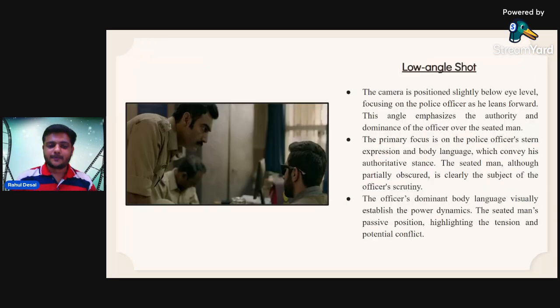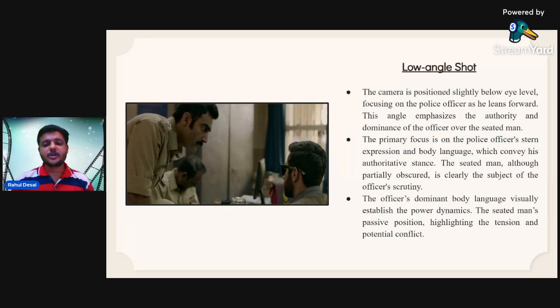Low angle shot. Here in this frame, we can see the cinematic angles. The camera is positioned slightly below eye level, focusing on the police officer as he leans forward. This angle emphasizes the authority and dominance of the officer over the seated man.